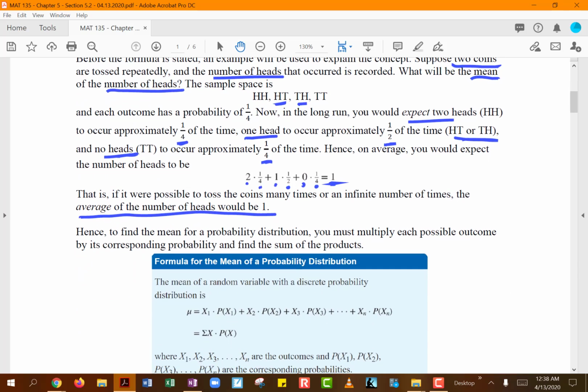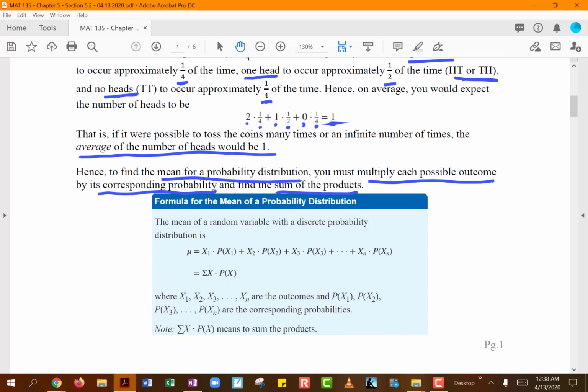So as you can see, when we are trying to find the mean for a probability distribution, you take each of your possible outcomes and multiply it by its corresponding probability, and then find the sum of those products. So you're literally taking each outcome multiplied by its probability, and then you add all of them together.